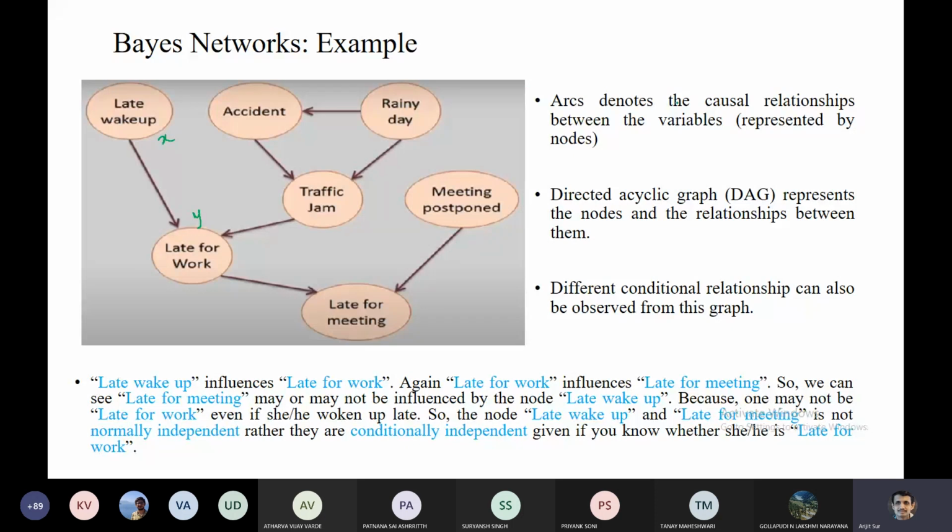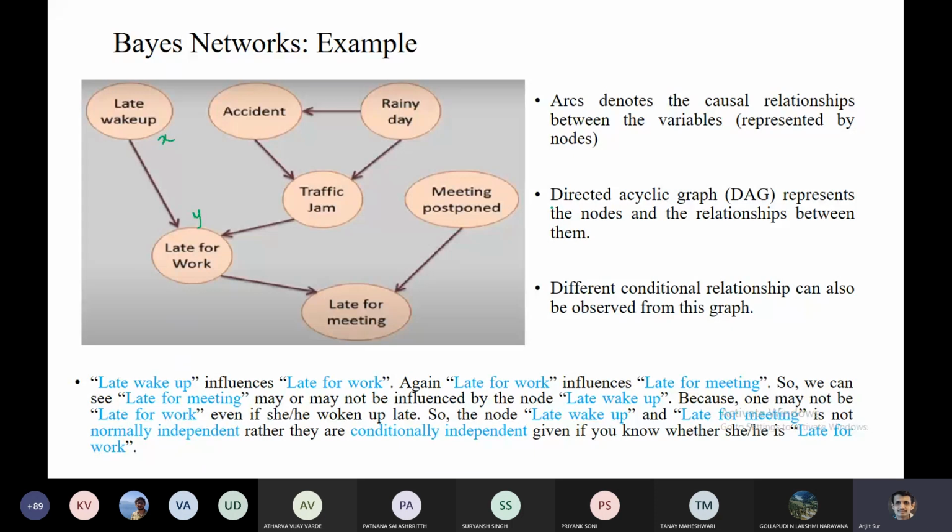Arcs denote the causal relationship between the variables represented by the nodes. Now you can see these are the causal relationships. A directed acyclic graph, DAG, represents the nodes and the relationships between them. Different conditional relationships can also be observed from this graph.